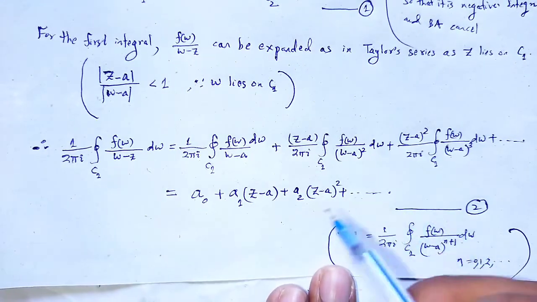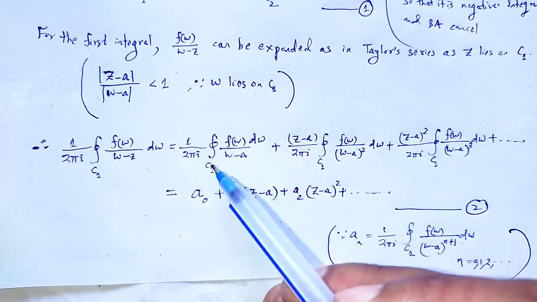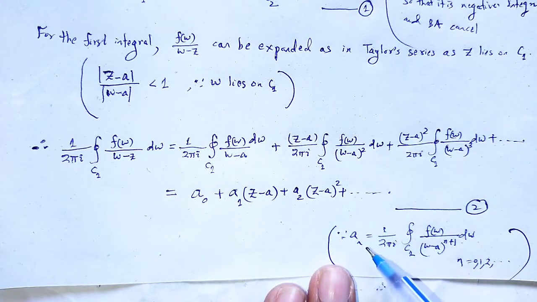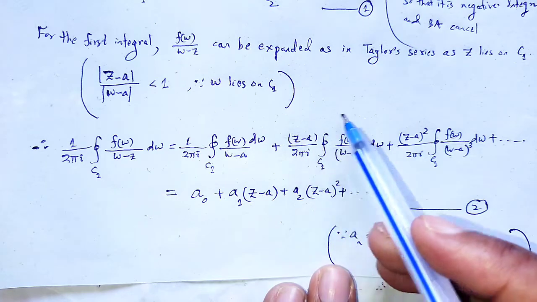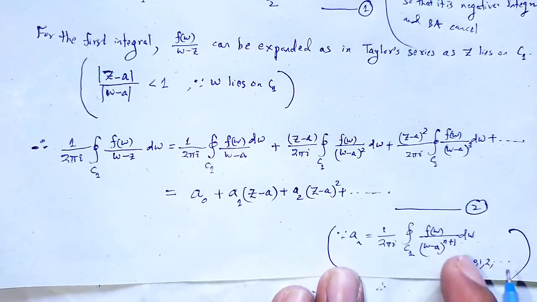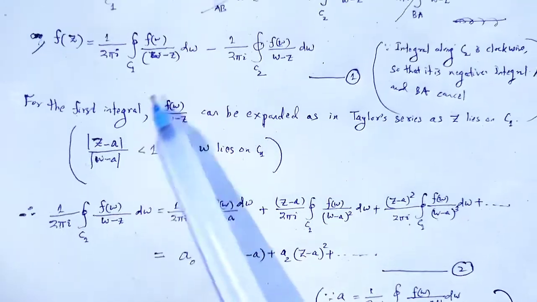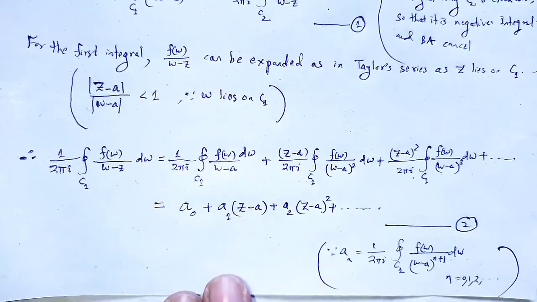First we put n equal to 0, so we get a0. Again n equal to 1 gives a1, that integral is evaluated. Again n equal to 2 and so on. In this way the first integral is evaluated.